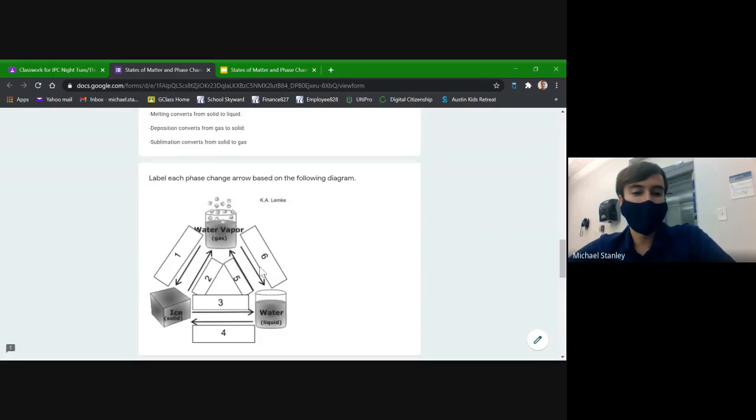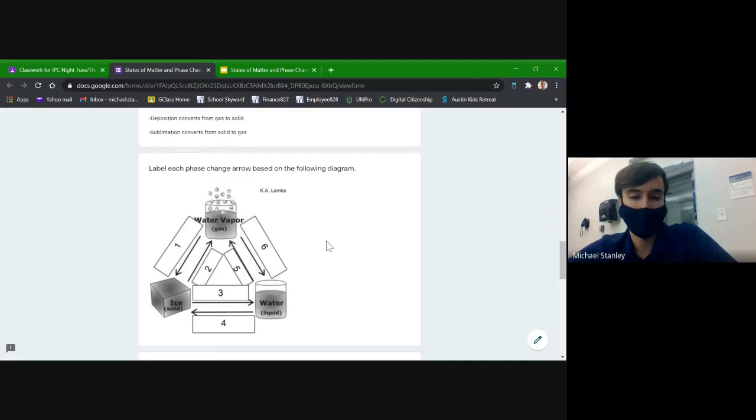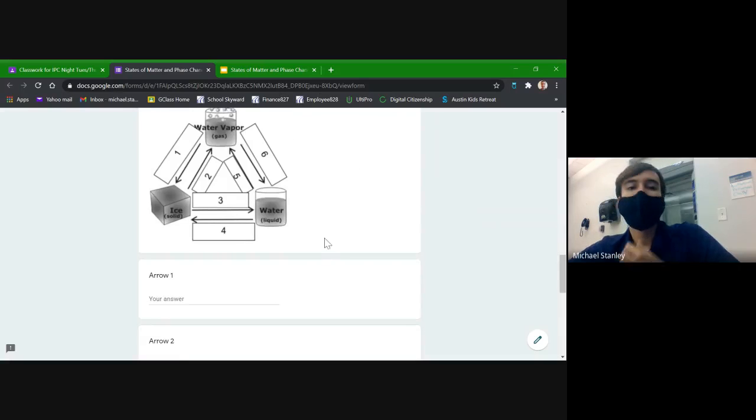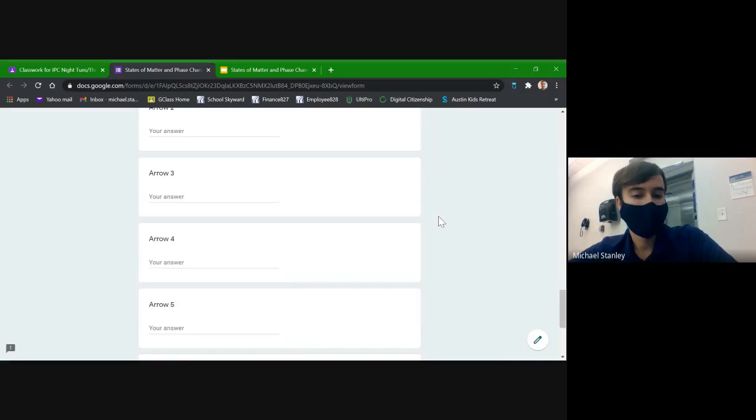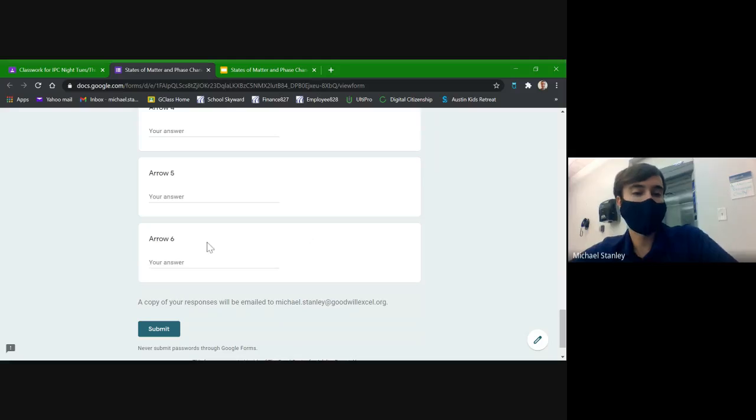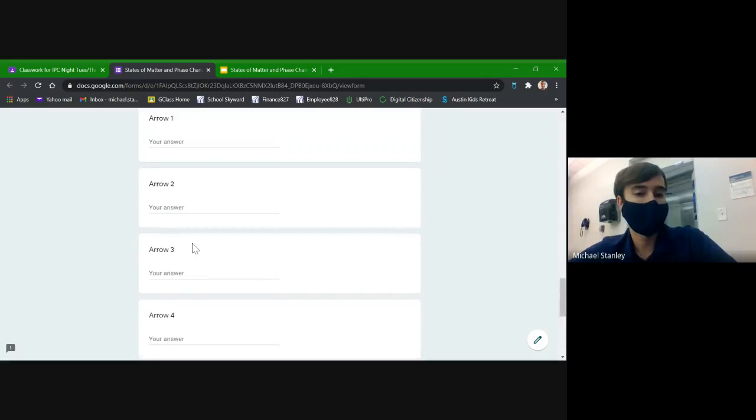Then we have a triangle diagram where each arrow has a numbered label that corresponds to one of the phase changes we talked about tonight. All you have to do is label what phase change each arrow is referring to. There are 6 phase changes, and therefore 6 arrows to label.